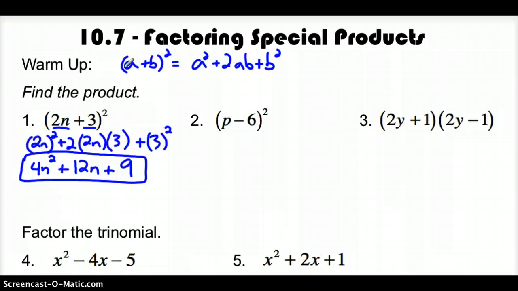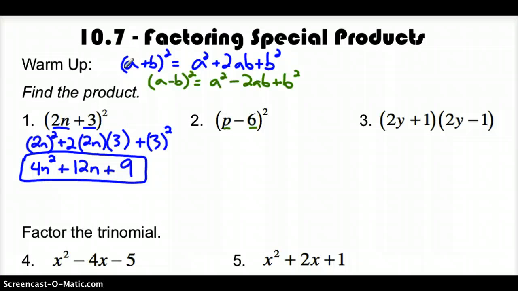For the second one, we're squaring a binomial again, but our pattern is a little different. This is (a - b) squared, which, if we FOIL that out, gives us a squared minus 2ab plus b squared. This time our a term is p and our b term is 6.